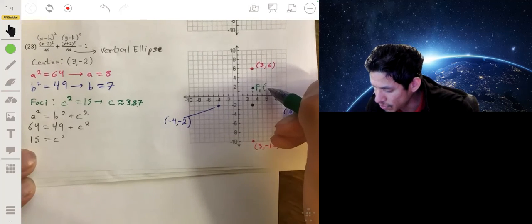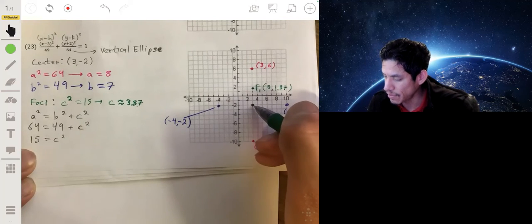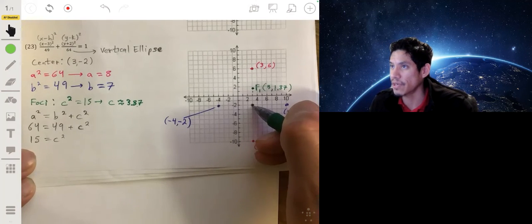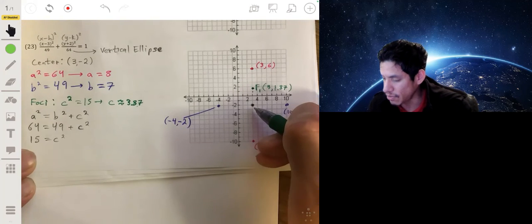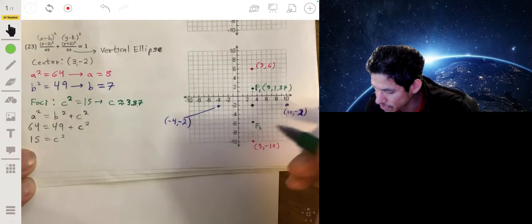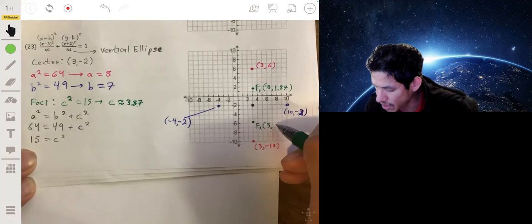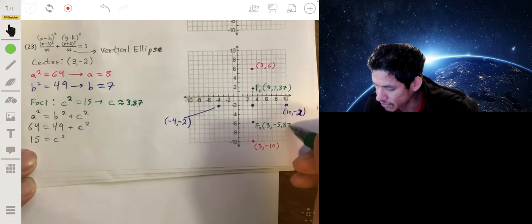F1 will be at about 3, 1.87, and then go back to the center, and we're going to go 3.87 units downward for our other focus. We'll call that F2. So that'll be about 3, negative 5.87.